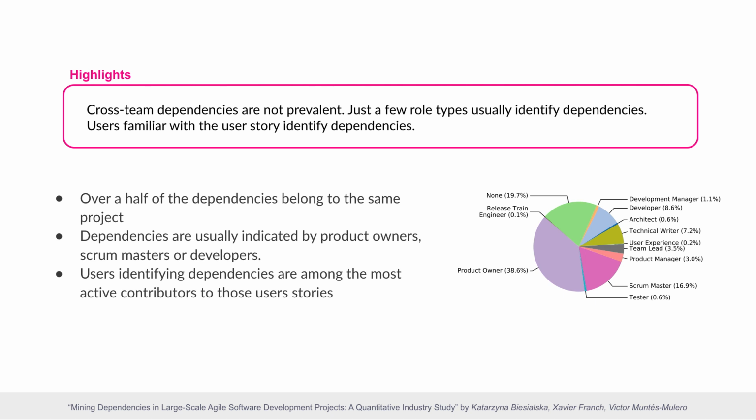What is important is that the users identifying dependencies are one of the most active contributors to user stories with declared dependencies. It can be probably explained by the fact that these users are frequent contributors and possibly have the best understanding of the nature of work at hand.